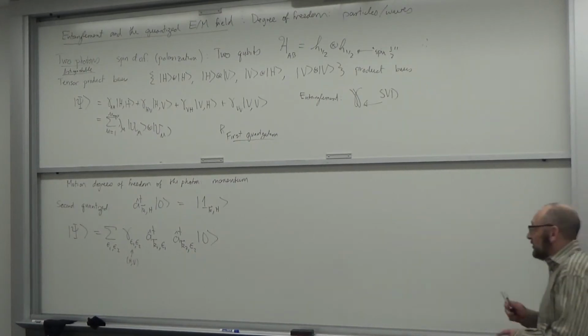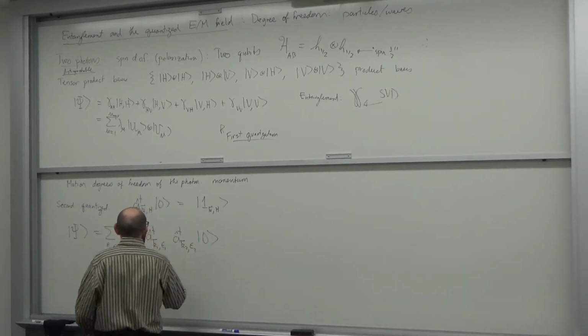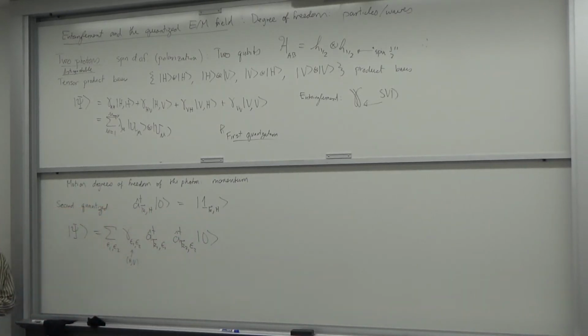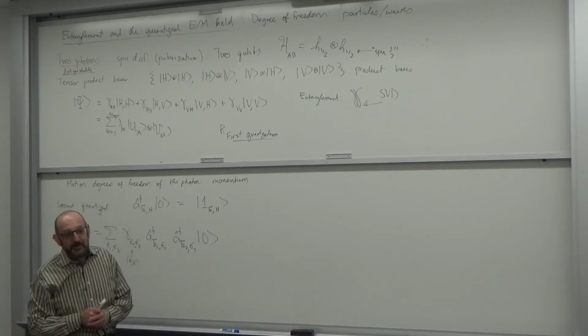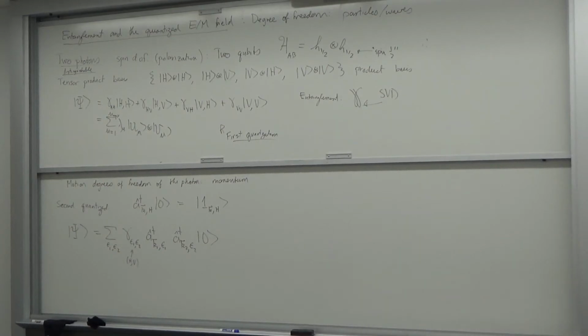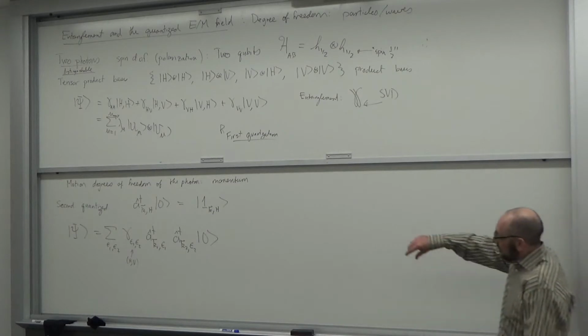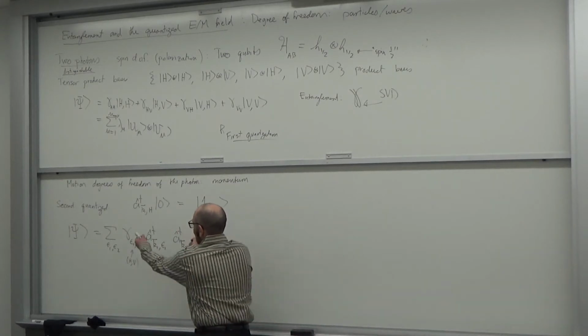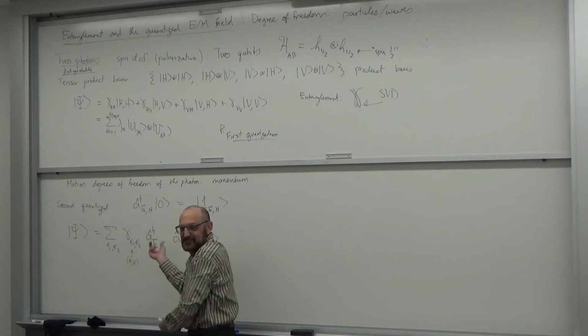I know one of the photons definitely has momentum K1, and the other definitely has momentum K2, but I don't know whether that is photon A or photon B. Because if I commute these, it's the same state.